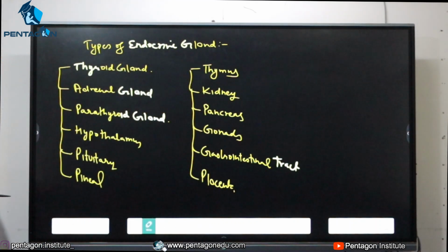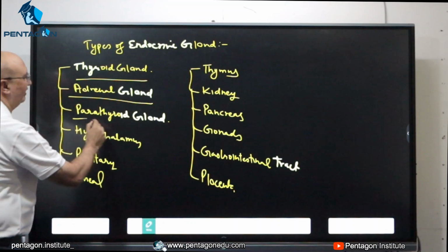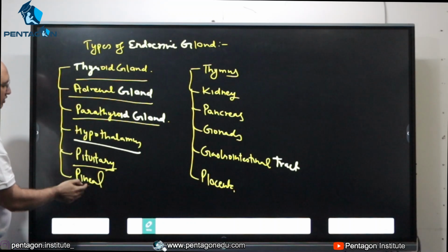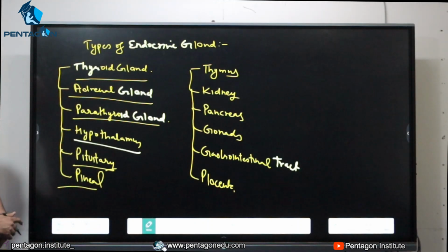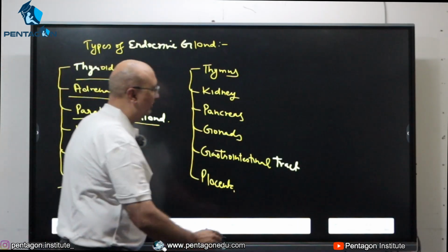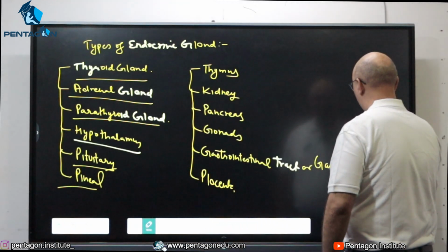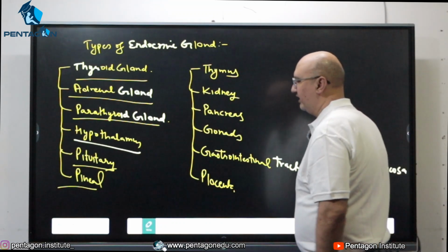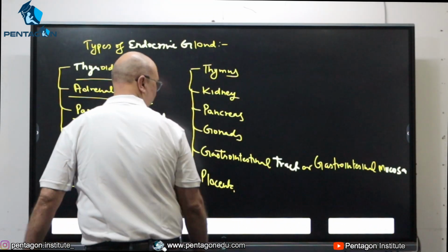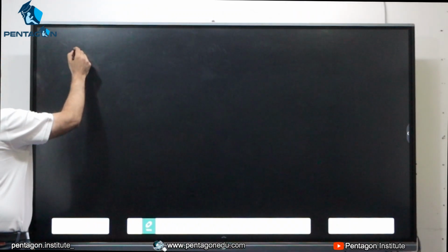These are some endocrine glands given in the syllabus of NEET: thyroid gland, adrenal gland, parathyroid gland, hypothalamus, pituitary, pineal, thymus, kidney, pancreas, gonads, gastrointestinal tract or gastrointestinal mucosa, and at the last is placenta. One by one, shortly, we are going to discuss the various types of glands.